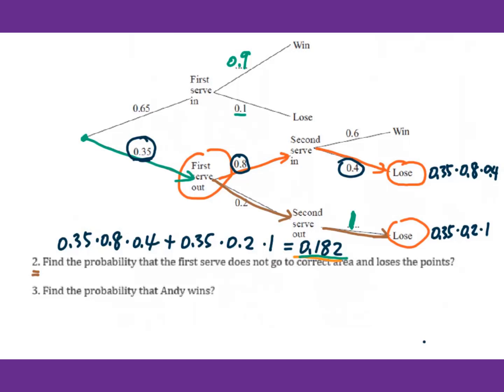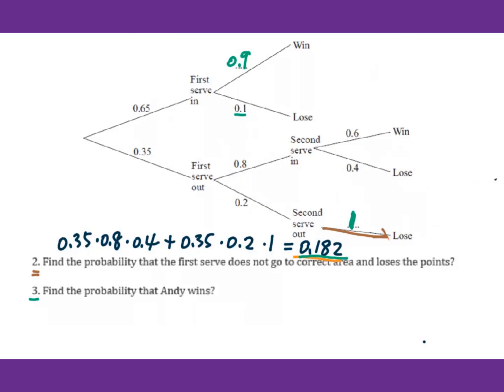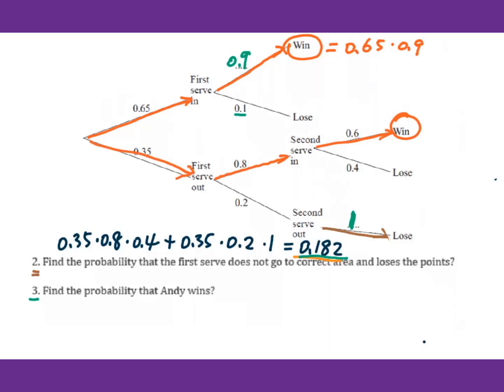Go to number 3. Find the probability that Andy wins. So you have to check winning. This is a win. Here is a win. For this win, you get this line and this line. So you do 0.65 times 0.9. For this win, you go to this line.